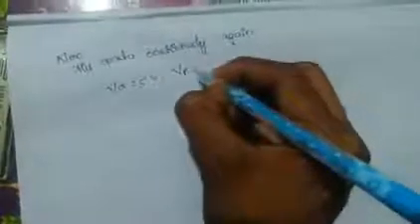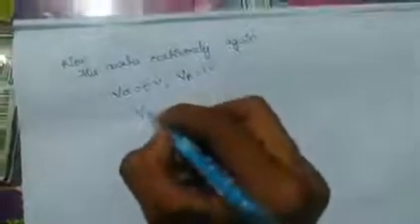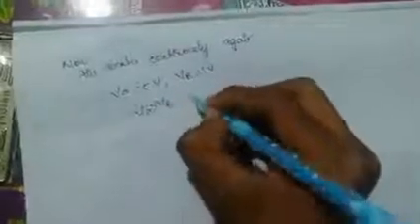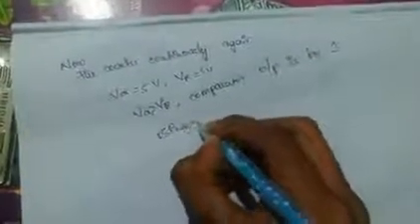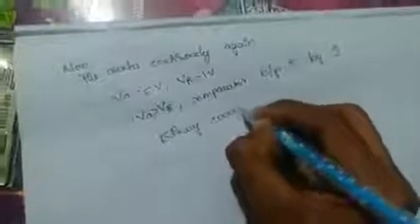VA is equal to 5 volts and VR is equal to 1 volt. Again VA is greater than VR, so the counter is incremented by 1. The output stored in the binary counter is 00000010.